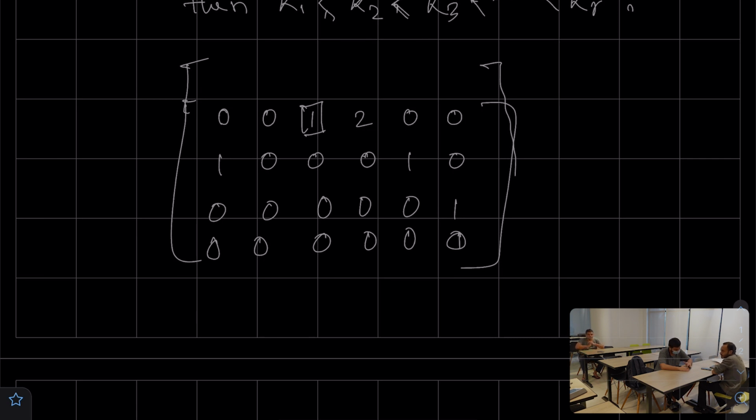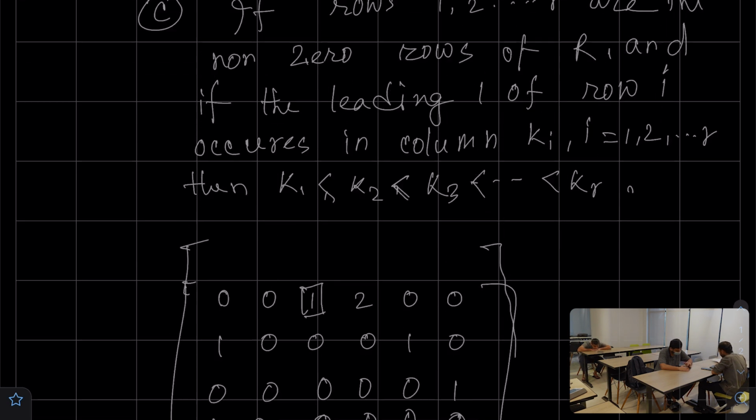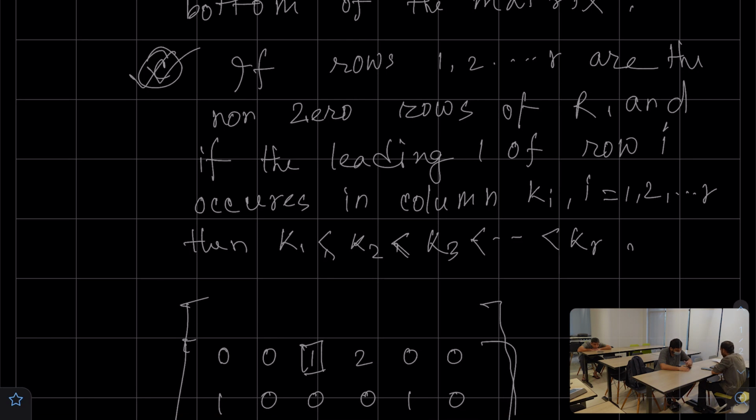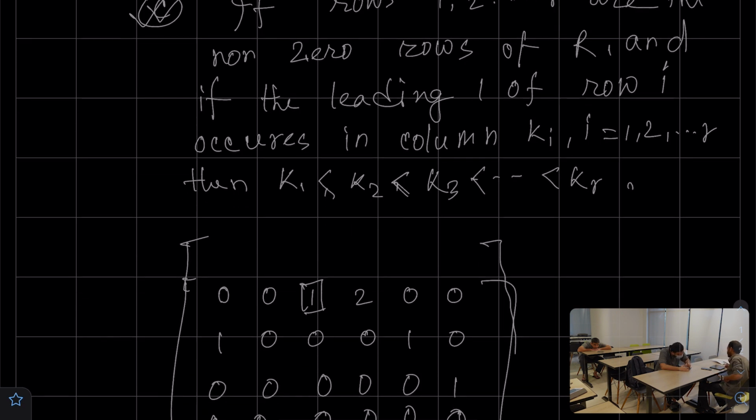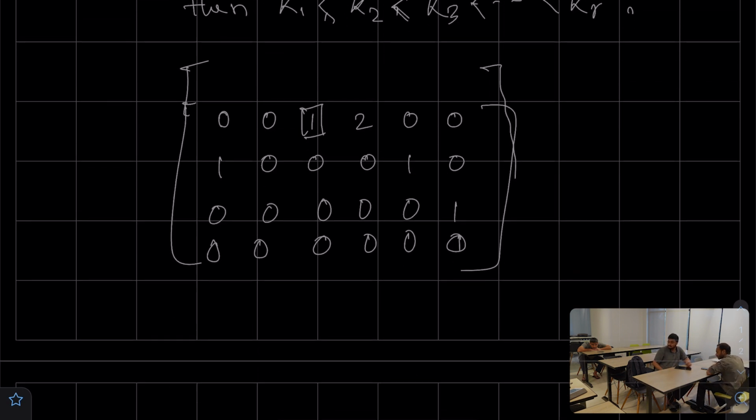Now the third condition says that if rows 1, 2, up to r are the non-zero rows of R, and if the leading one of row i occurs in column Ki, for i equals 1, 2, up to r, then K1 is less than K2 is less than K3 and so on up to Kr.